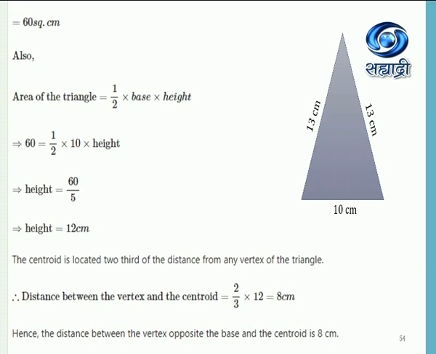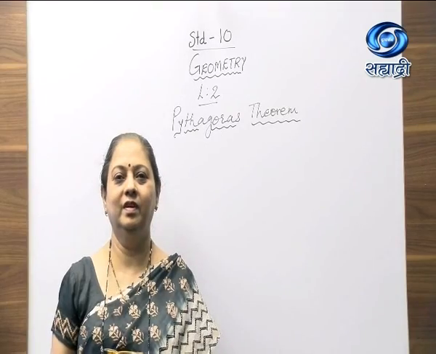So the distance between the vertex and the centroid will be 2/3 of the height, which is 12. So 3 4s are 12 and 2 4s are 8 centimeters. Hence the distance between the vertex opposite the base and the centroid is 8 centimeters.